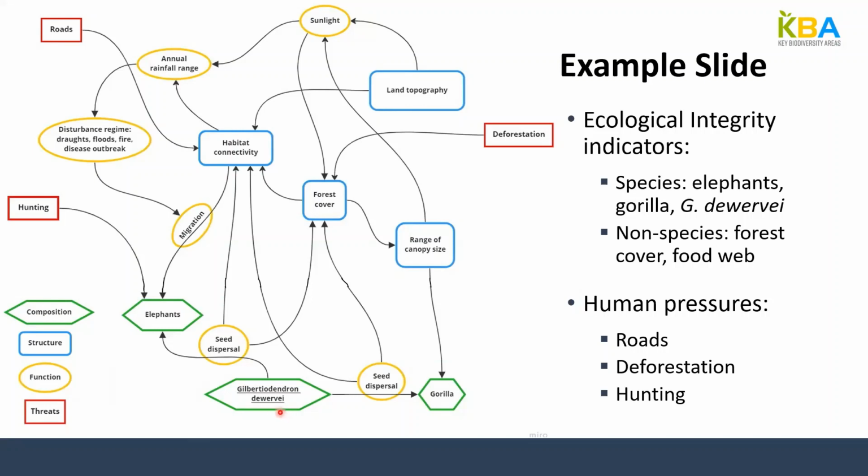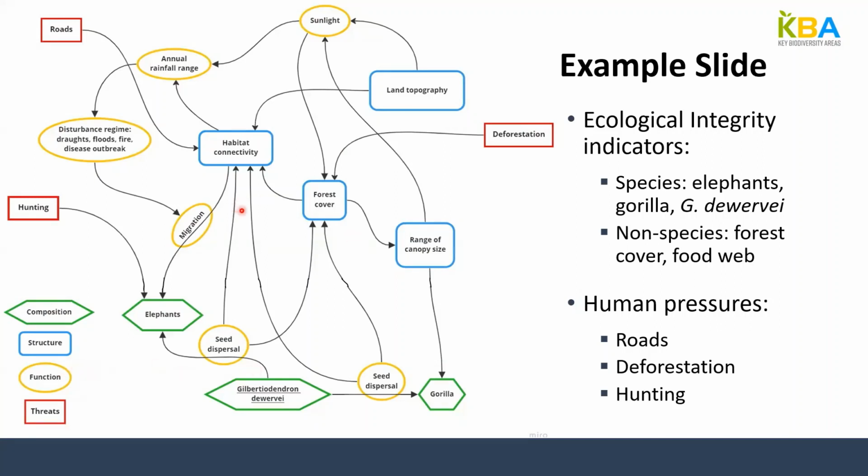We could also use satellite imagery of the forest cover as another indicator, and then also assess the impact of these three drivers of change, labeled here as threats, to determine whether these human influences have had a significant impact on the ecological integrity of the site or not. And again, remember, pressure or presence does not equal pressure or impact.